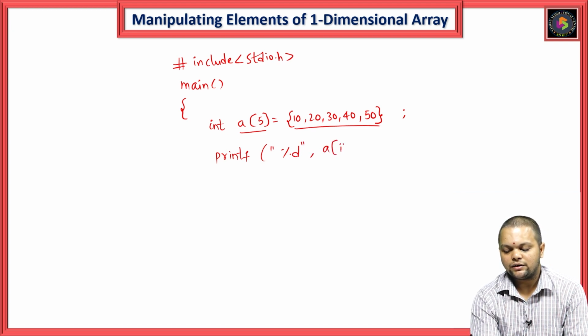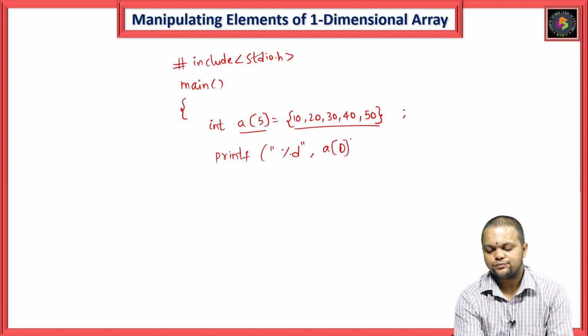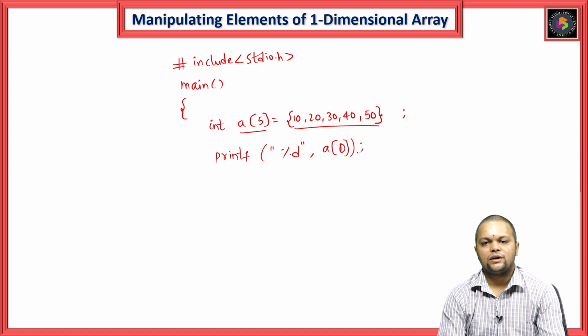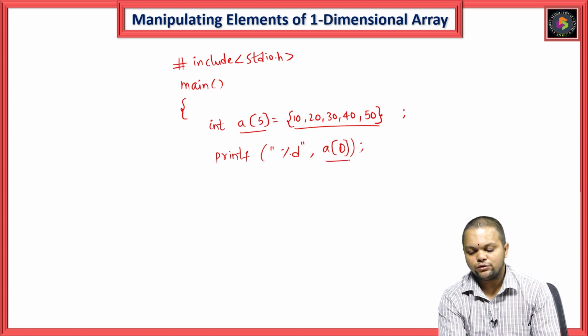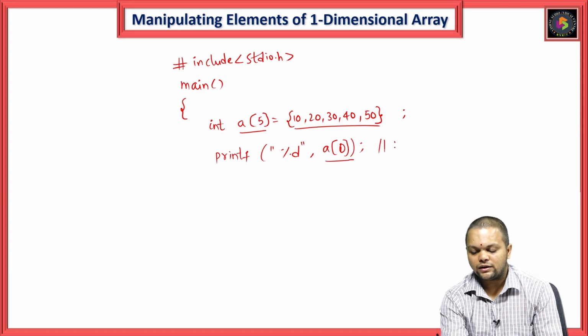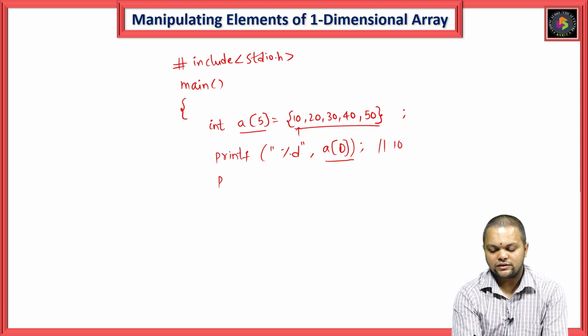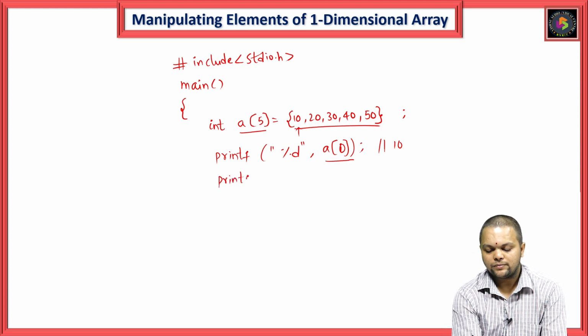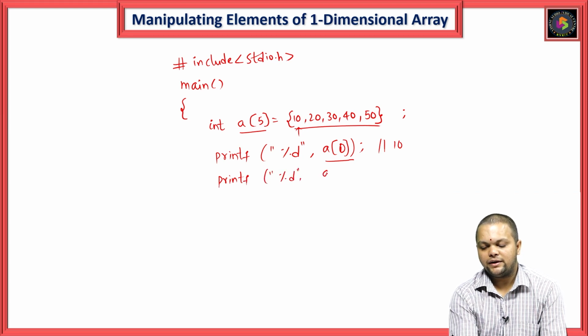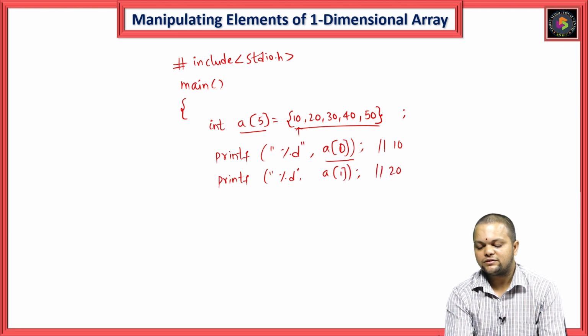I'm just printing a[0]. If I'm printing a[0], this will give the value 10. This is a[0]. If I'm printing the next one in the same way, printf %d, a[1], this will give the value 20.